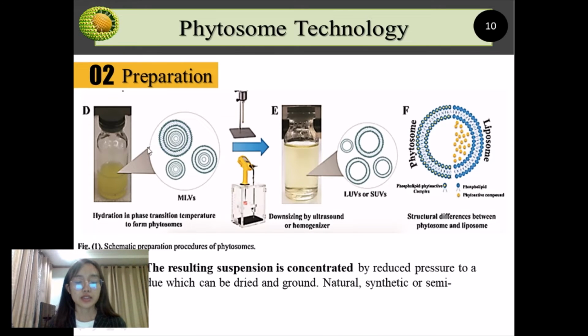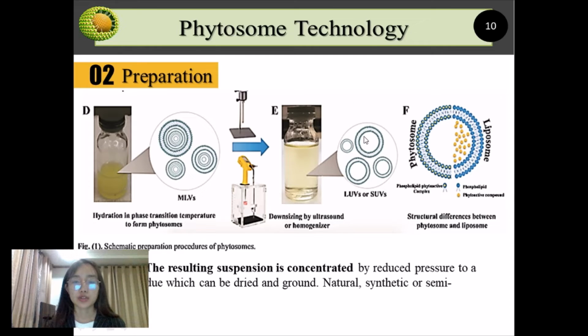Next, individual quantities of the phytosome complex that is ordinarily insoluble in polar and aprotic solvent become soluble once the phytosome complexes are dry. This is the structure difference between phytosome and liposome.